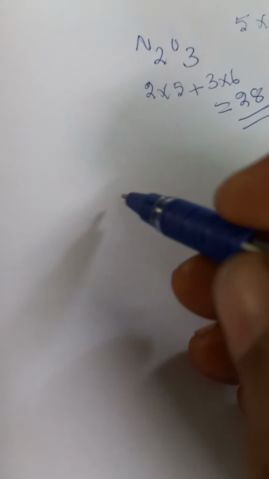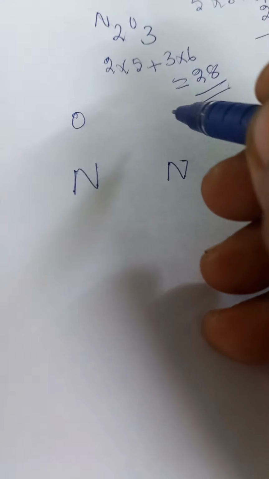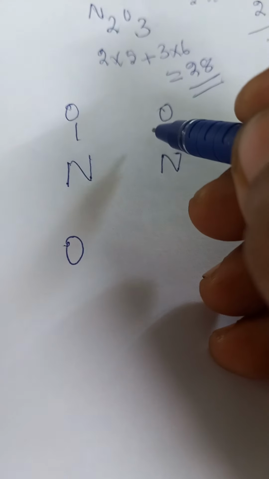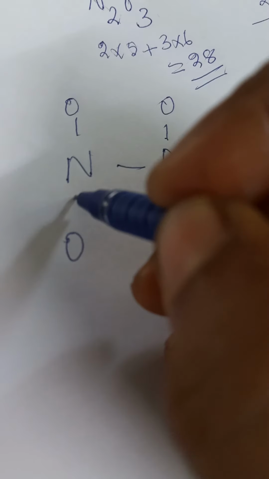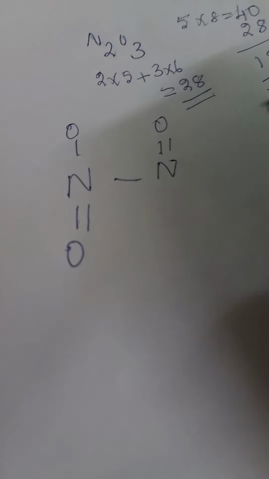So 2 nitrogen, 3 oxygen, 6 bonds, 1, 2, 3, 4, 5, 6. 6 bonds means 12 electrons have gone. Among the 28, 12 electrons have gone. So remaining 16. The 16 left.